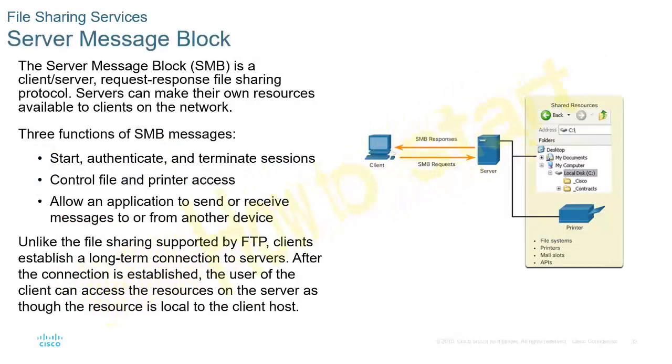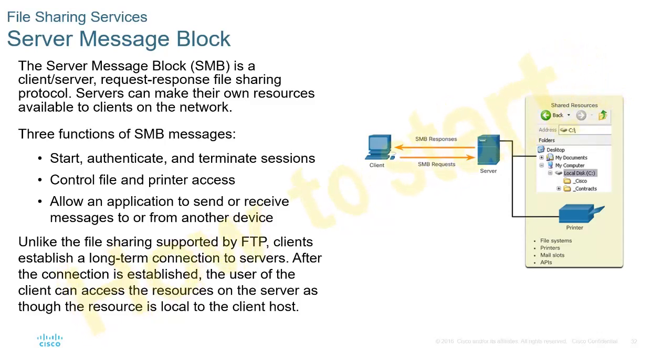Another file sharing service is SMB, Server Message Block. This is typically a client-server request-response method. Basically, we request a file or a resource, the server will respond with an SMB response, and then we provide that functionality. SMB actually is more than just files. It could be other resources.